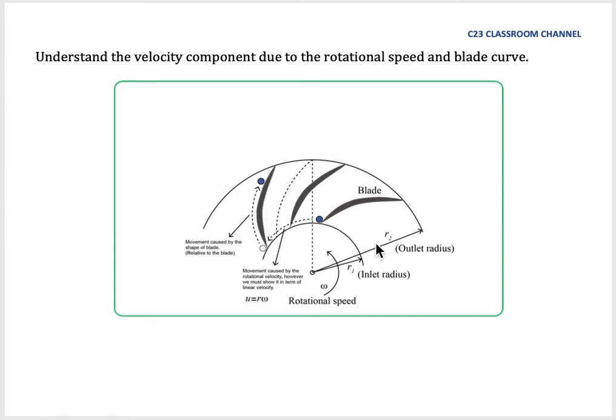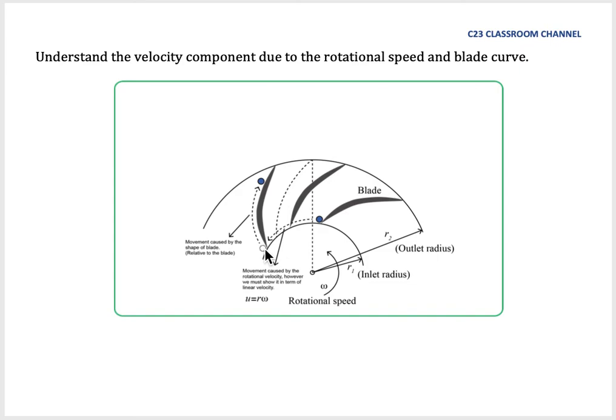So if we split the direction of motion of the molecule, we could say that it moved along this circular line because the blade moved parallel with the rotational speed. So it moved from here to here.